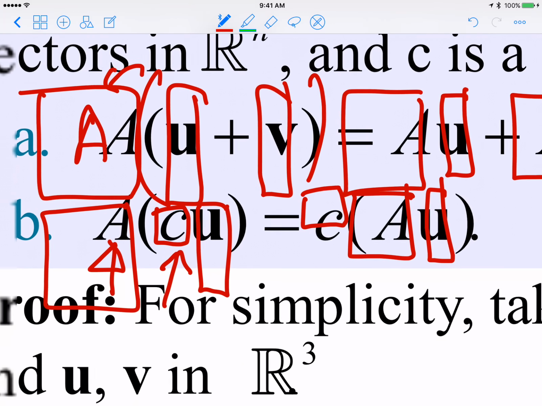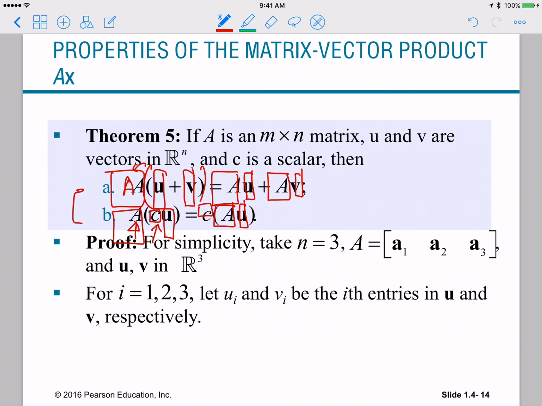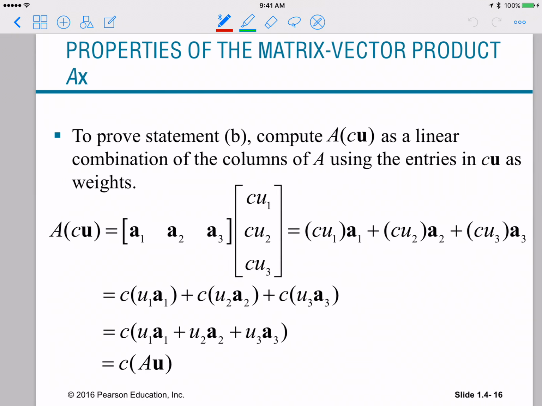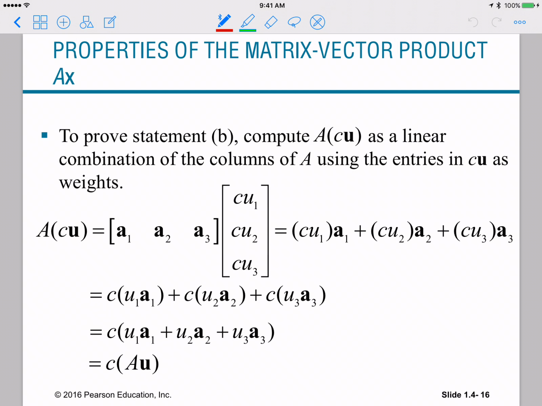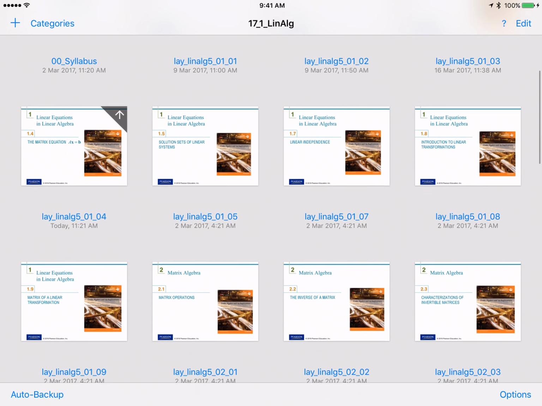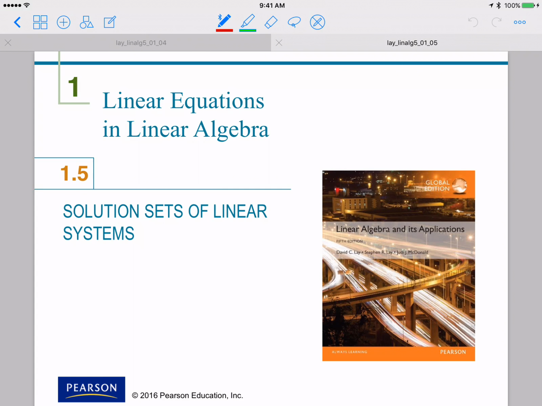So these two results are the same. Then the proof is simple, so I'm gonna skip these, and I think that's it for chapter 1.4. Then let's move to chapter 1.5.